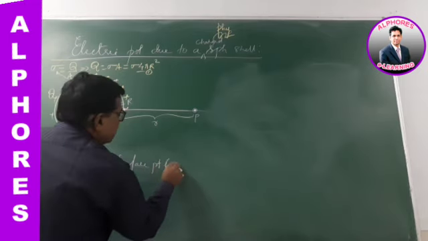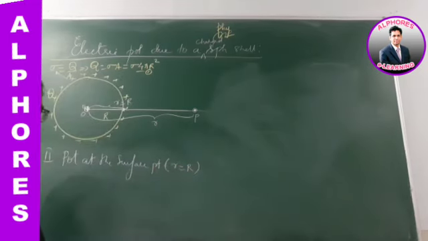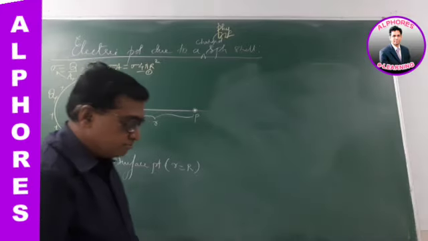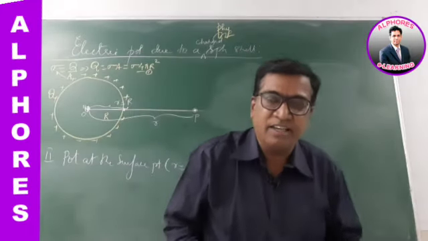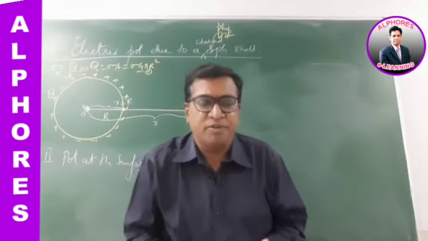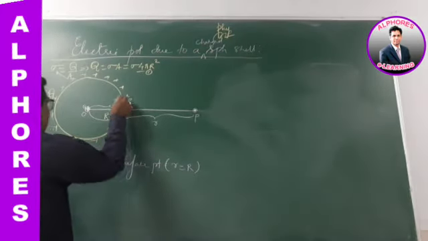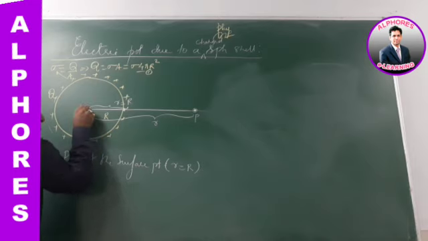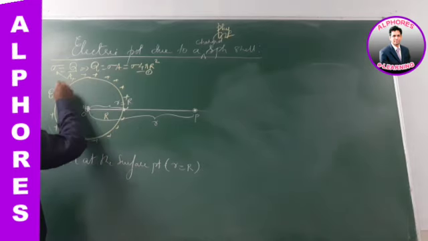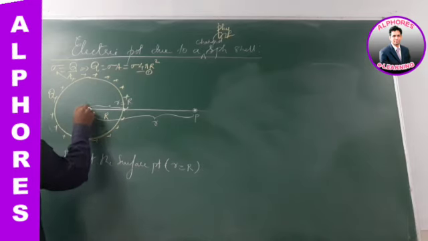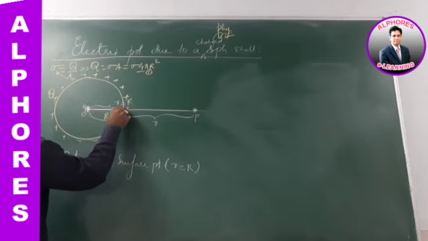In the sense of a surface point, r is capital R. Again the same theorem: whenever a sphere is charged uniformly with all the charge on the surface, it behaves as if all the charge is concentrated at the center. The charge behaves as if all of it is at the center. Now the distance of the point is capital R.